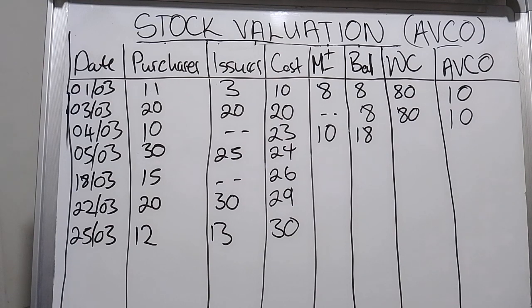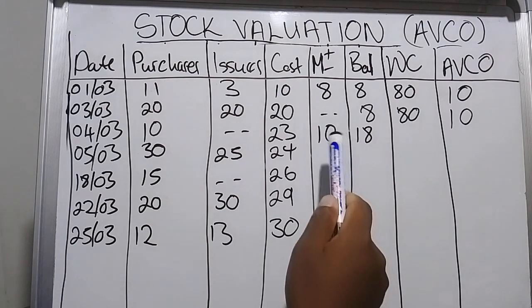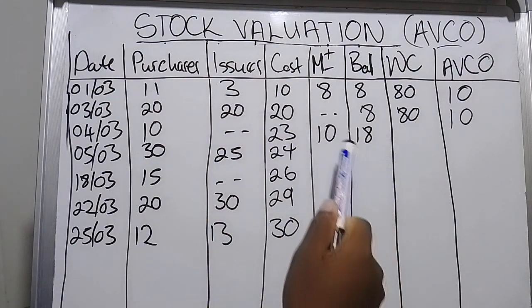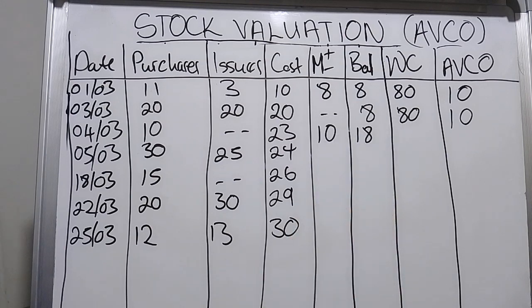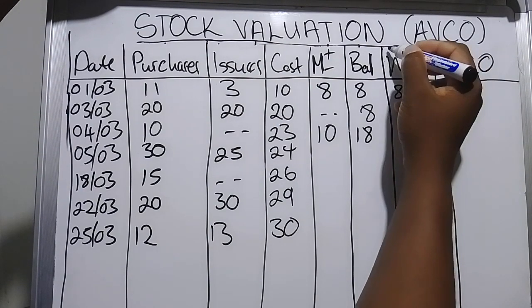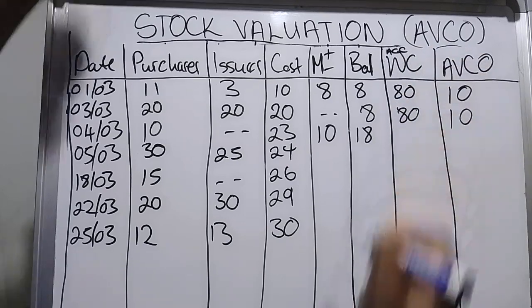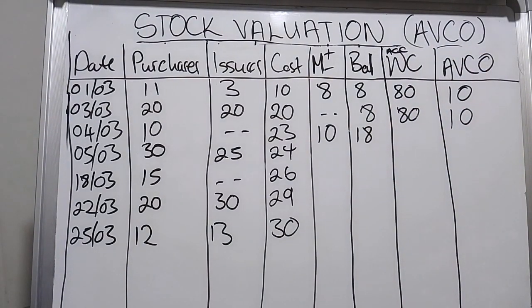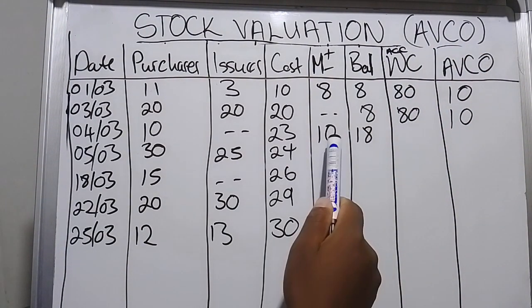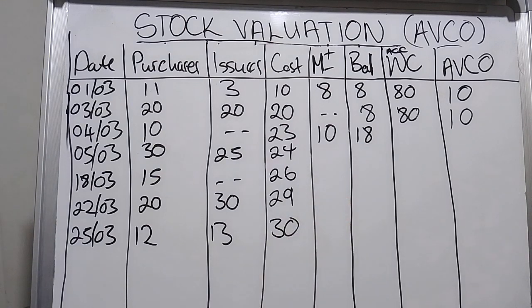Now for the weighted cost, it means we have to add the cost of these 10 additional items to the previous weighted cost to get an accumulated weighted cost. 10 times 23, we get 230.